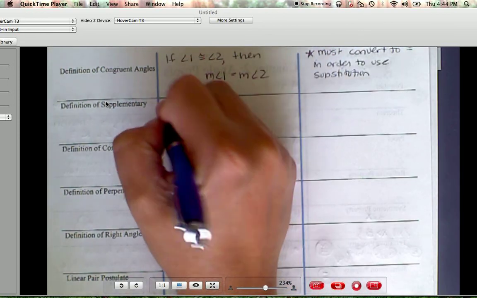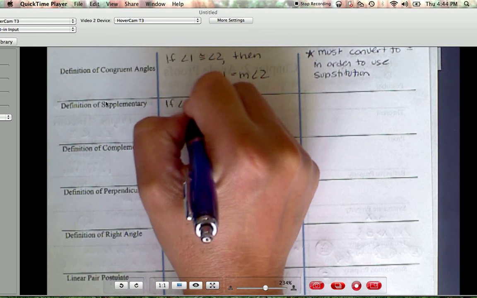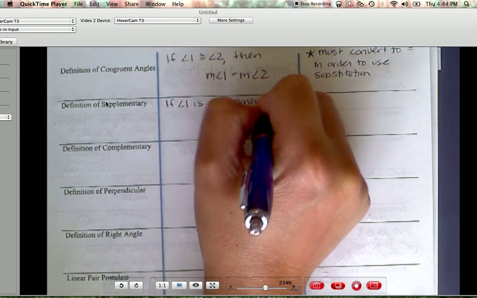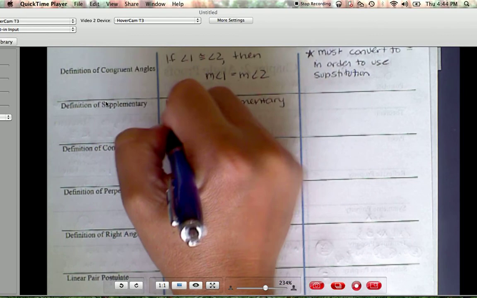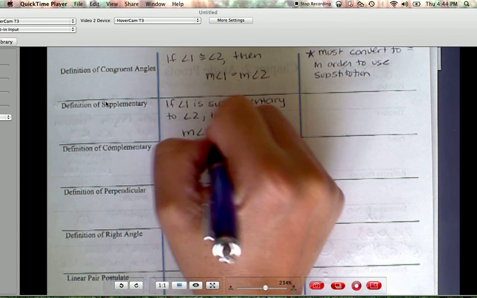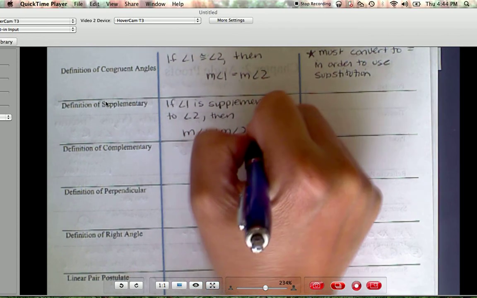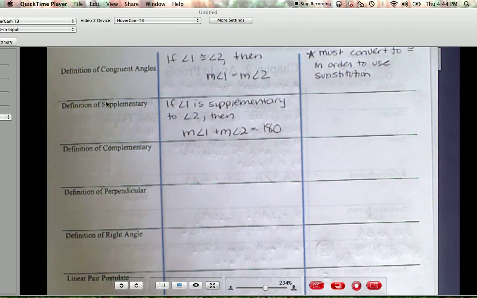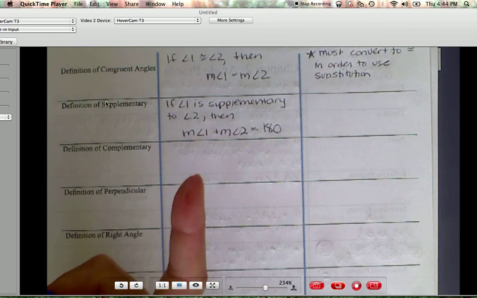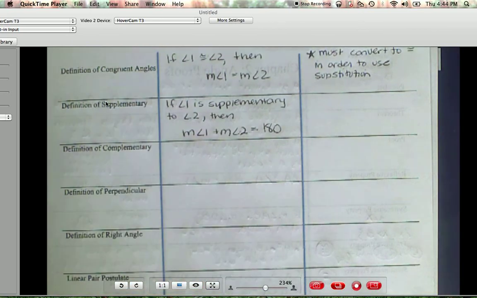Definition of supplementary says if angle 1 is supplementary to angle 2, then the measure of angle 1 plus the measure of angle 2 equals 180 degrees. Okay? Each of these has a converse that is also true. So this is where the converse comes into play.